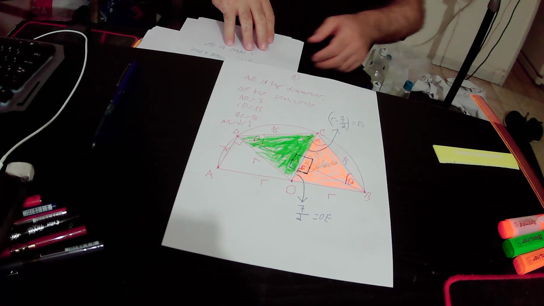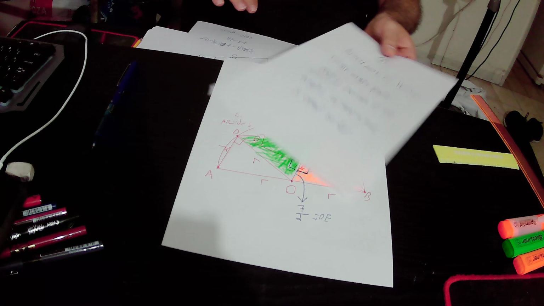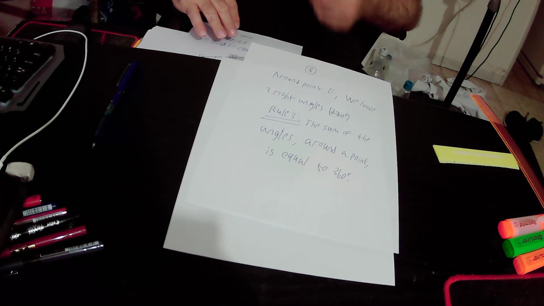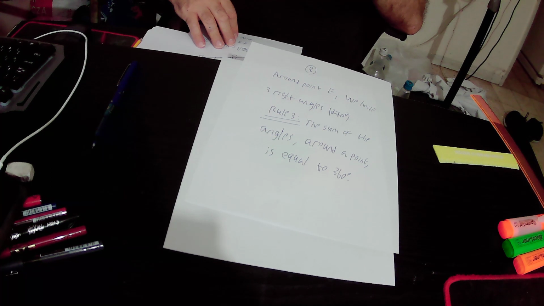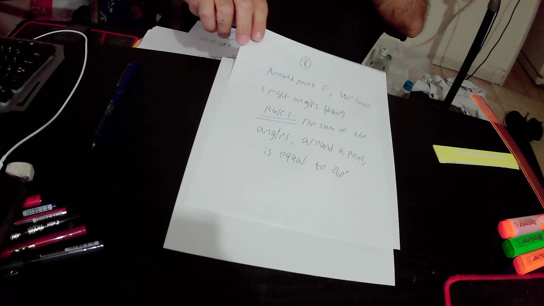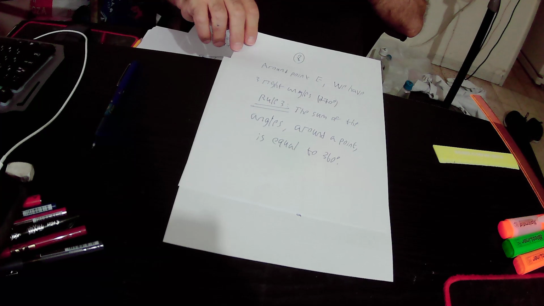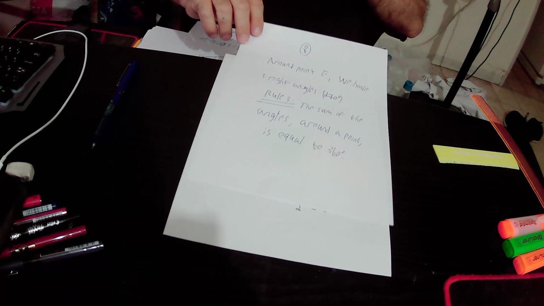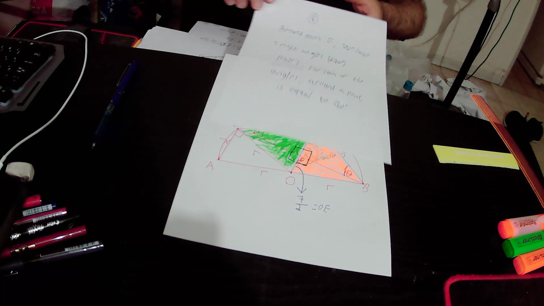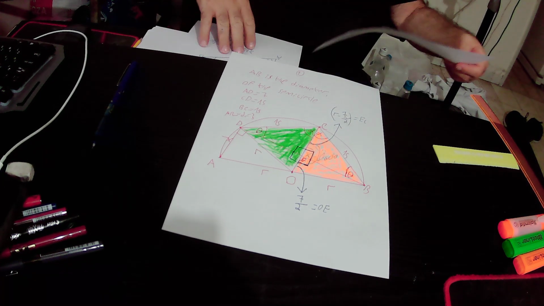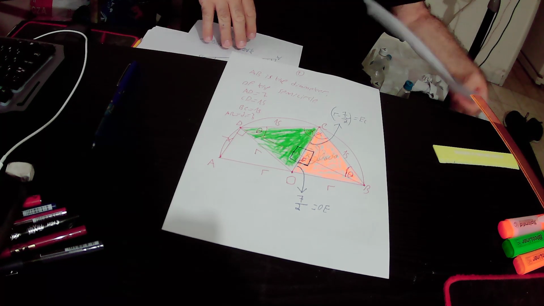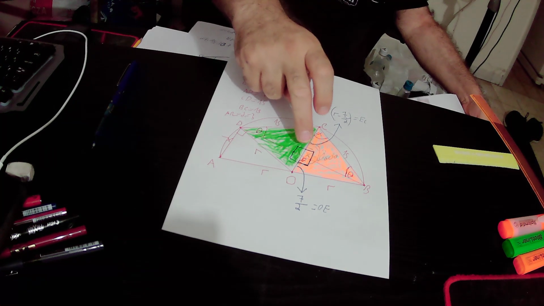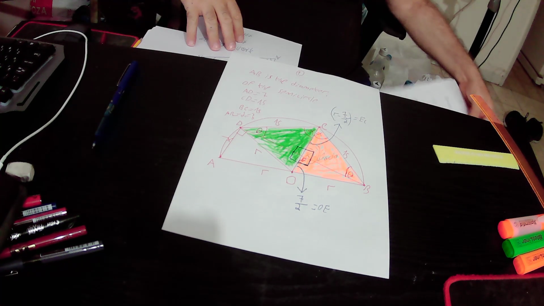And we have rule number 3 that states that the sum of the angles around a point is equal to 360 degrees. Okay? The sum of the angles around a point is equal to 360 degrees. So actually, the sum of the angles around point E is equal to 360 degrees.